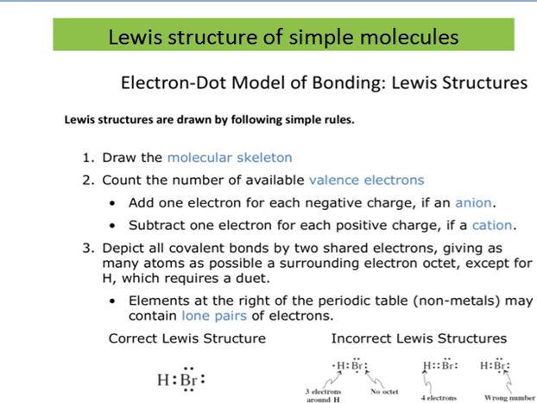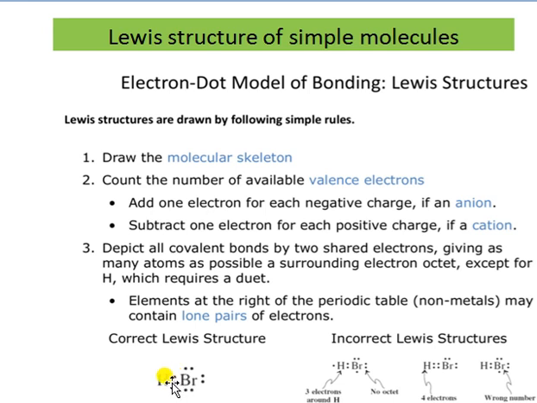Now the elements at the right of the periodic table, the non-metals, may contain lone pairs of electrons. You also calculate those lone pairs in the total number of valence electrons. Here I am giving the example of HBr, where hydrogen shares its 1 electron and bromine has 7 valence electrons.